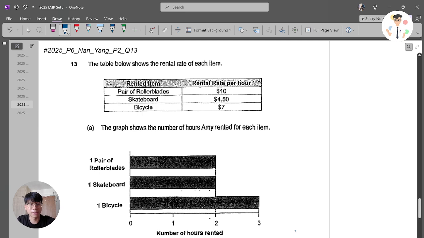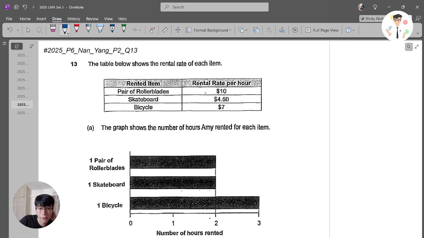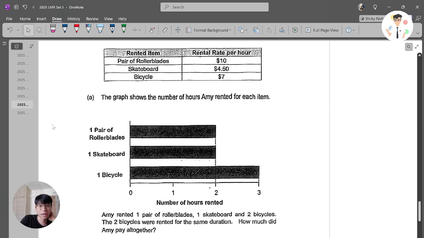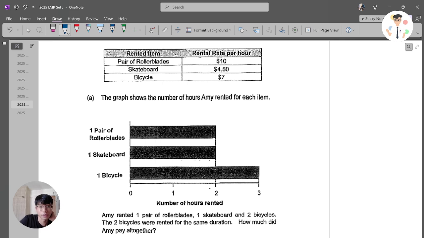Last question. The table below shows the rental rate of each item. So I have a pair of rollerblades, a skateboard, and a bicycle. The graph shows the number of hours ME rented for each item.